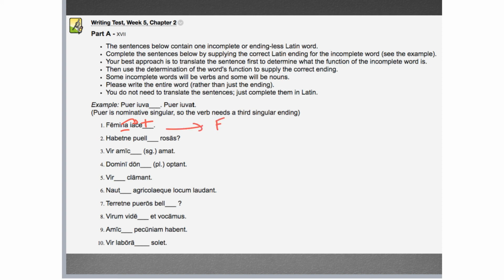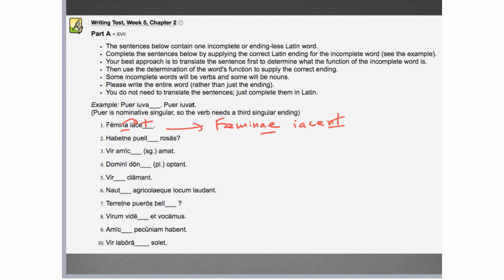If, and this is not part of the exercise, but just by way of illustration, it were feminae, and you have to fill in the blank there, note that -ae is still nominative, but now it's plural. So it would be jacent. So jacet is the singular, which you need because femina is singular. If that one had been feminae, plural, then it would have been jacent because you need the plural ending, which is -nt rather than -t.